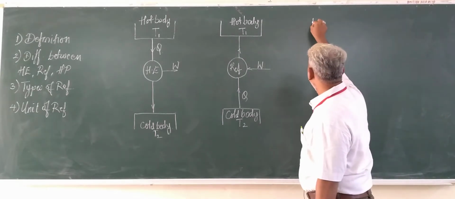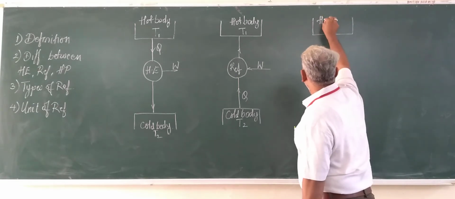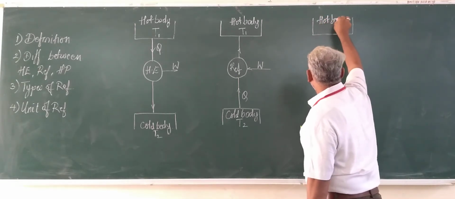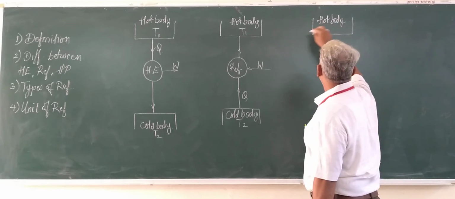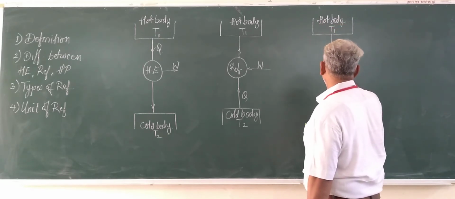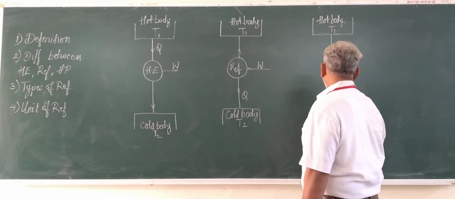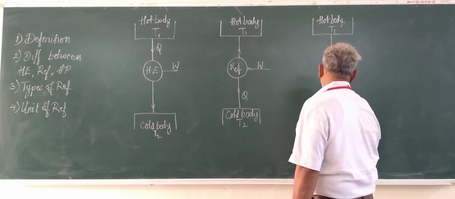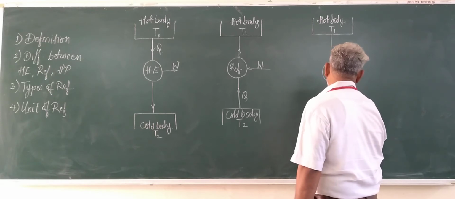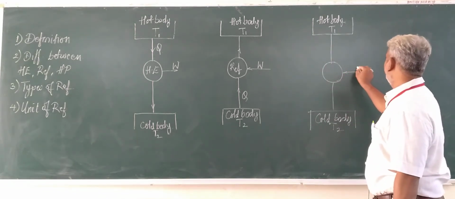There is one more system. In effect it appears similar, but the final effect is somewhat different. Again we have a hot body, we are supplying heat to the hot body and we are removing the heat from the cold body. Even here the arrows will appear similar.